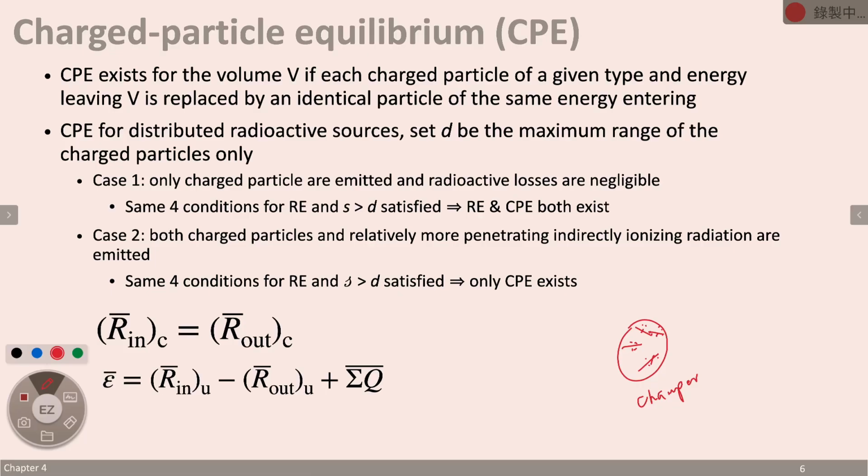But the real thing is that the charged particle from the isotope could be like this one, and maybe like this one, and you only measure the charge over here and over here.